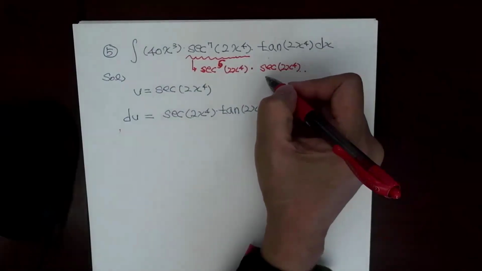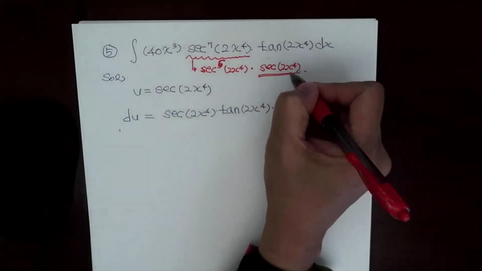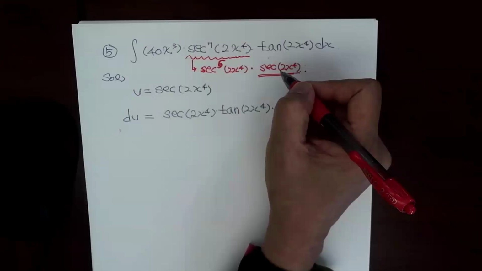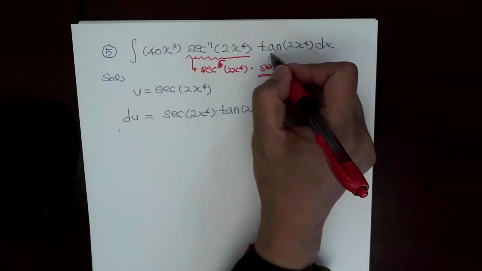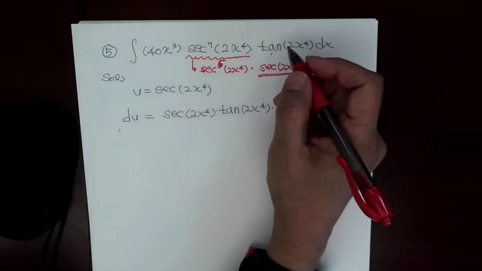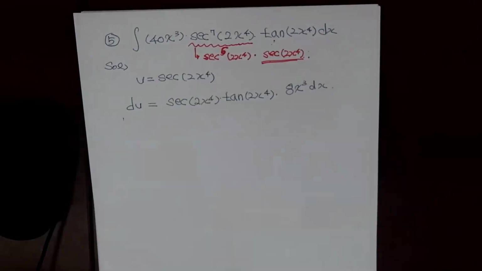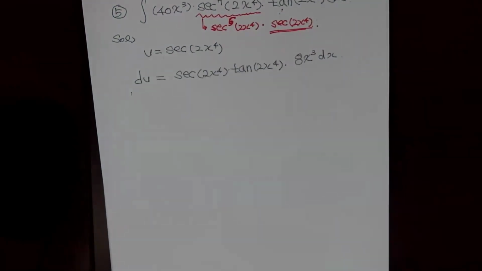And then when we differentiate secant, we will get secant times tangent, right? So u substitution will make sense.